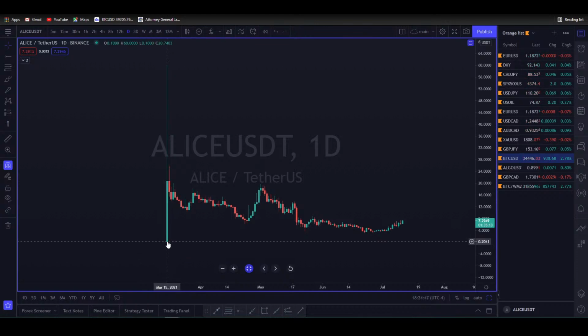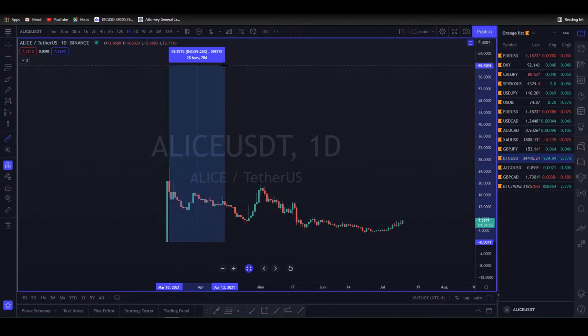The ICO opened at 20 cents and traded all the way up to $60 in one day. Is this the thing that killed Mark Cuban? No, I think that was something else. But this is pretty similar. What kind of a percentage gain is that in a day? Let's see. 844,976%.